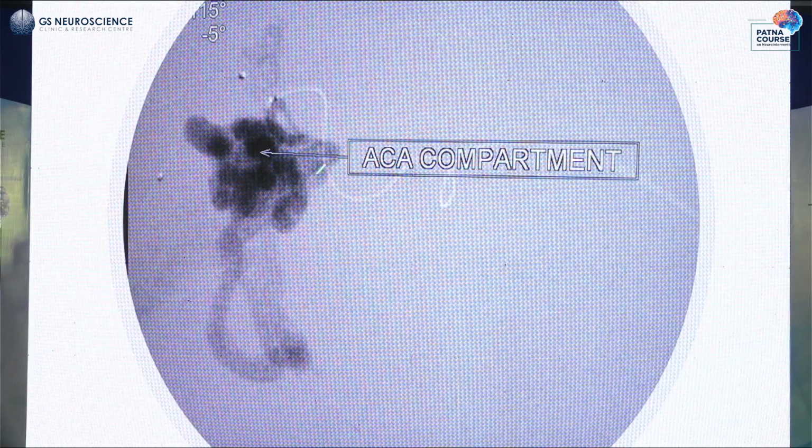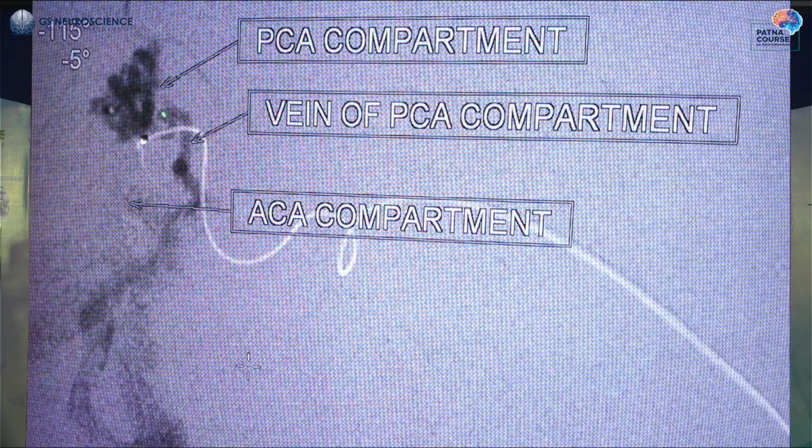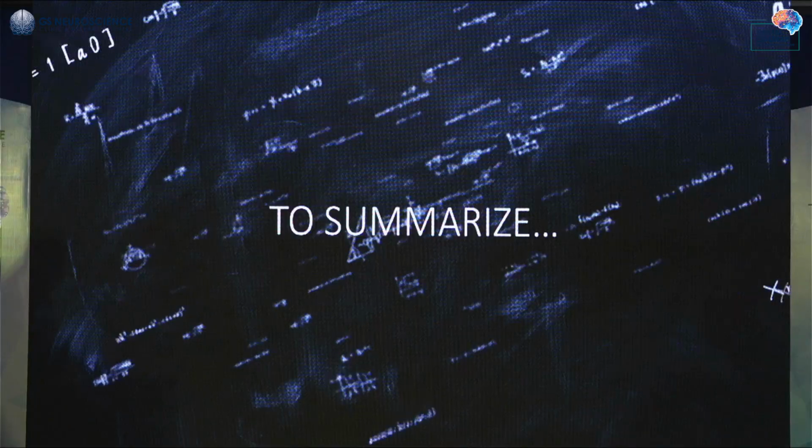This is the ACA compartment, this is the PCA tip, and this is the PCA compartment. This is the vein of the PCA, and this is the ACA compartment. I'm playing it one after the other to understand the spatial disposition of these two compartments. Now if we collate these two compartments, this is how it looks.